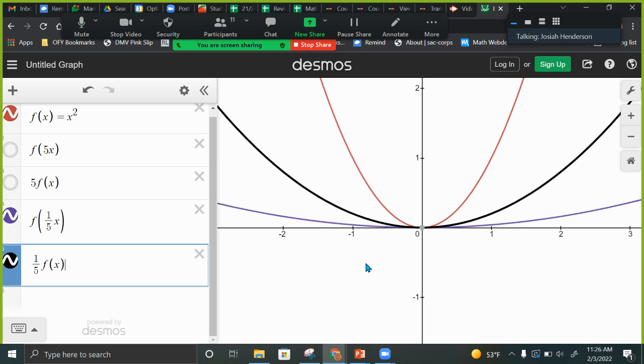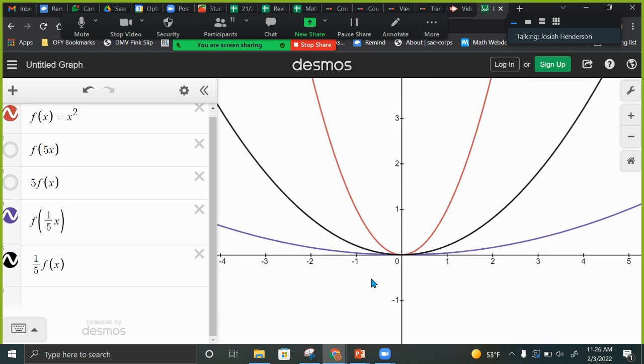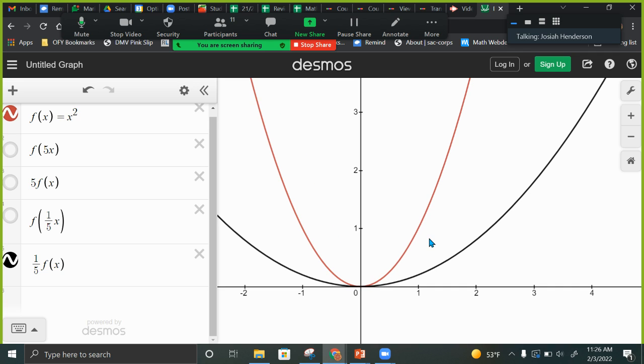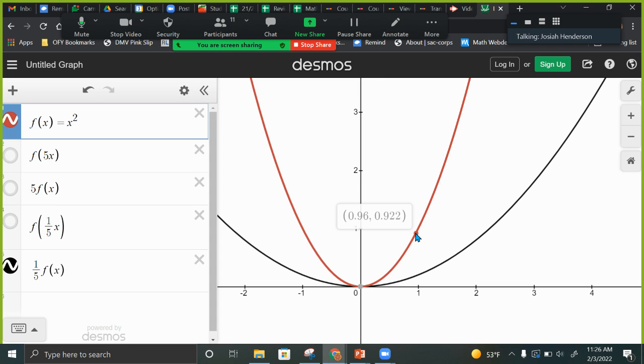Now let's try multiplying 1/5 on the outside. Okay, so in black now, it's still wider than our red parent. Let me get the purple out of there. But it's not quite as wide as the purple one. This time it's vertical because it's outside, and we're literally taking all the original points and compressing them to 1/5 of the originals. So for reference, here's 1, 1 on the parent.